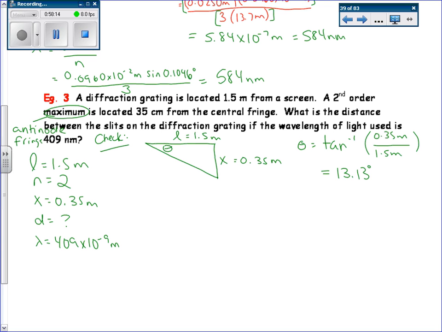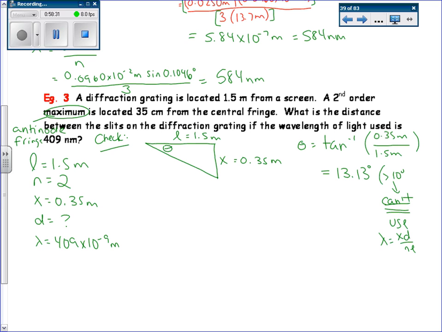So you do get an angle over 10. Since that's greater than 10, that means you can't use lambda equals xd over nl. Okay, so that's the forbidden formula this time.